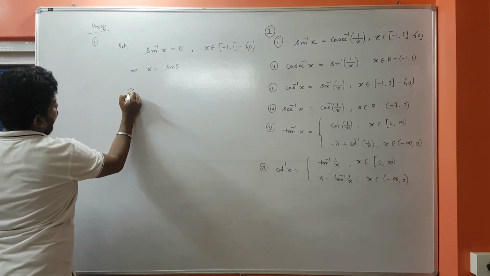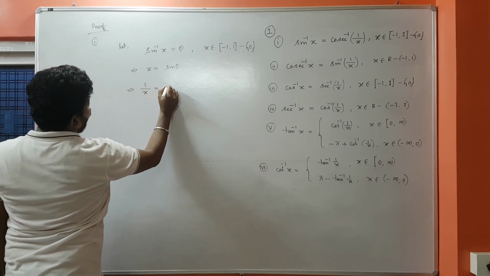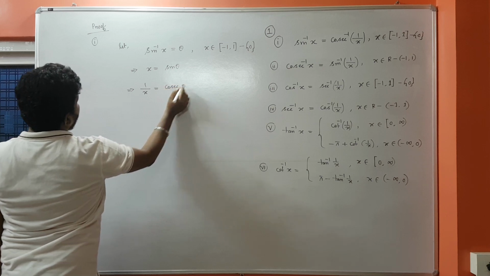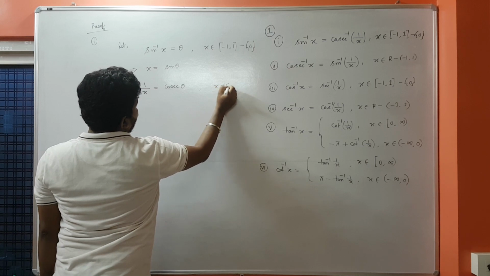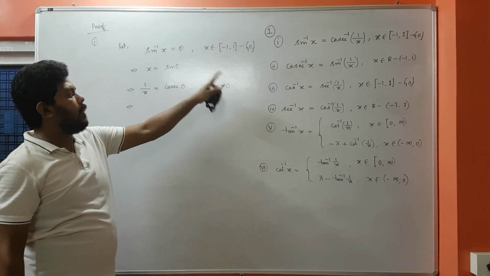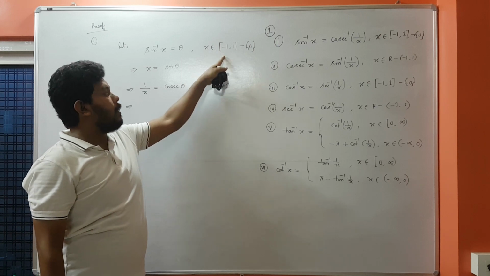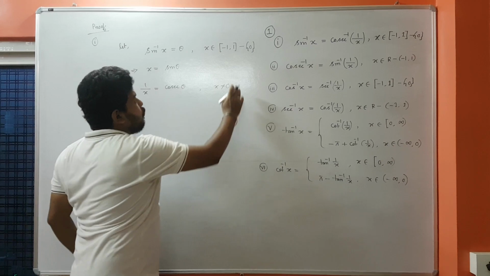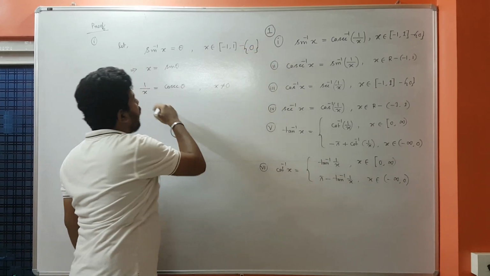Now if I find the reciprocal, 1 by x is equal to 1 by sine, that is cosec theta. So clearly x is not equal to 0. That is why we have written x belongs to the domain of sine inverse, -1 to +1 except 0, because for x equal to 0, it is undefined.